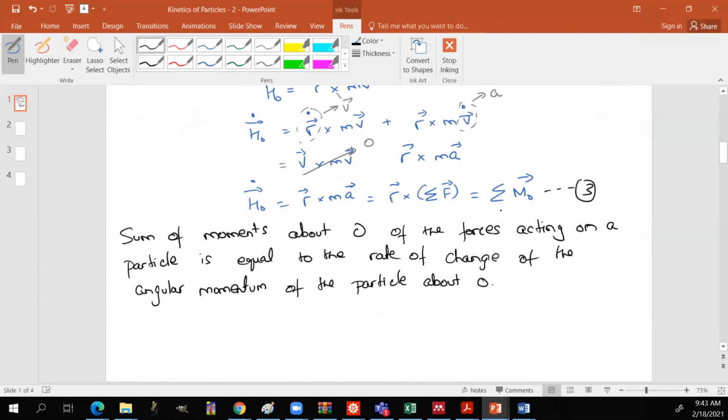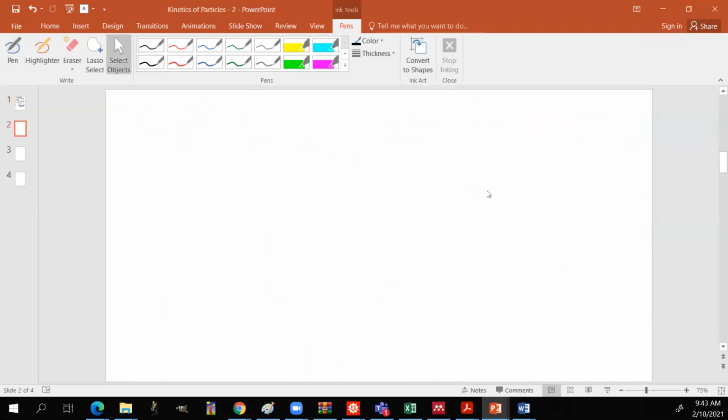So next, we're looking at conservation of angular momentum. This conservation only applies when you have what's known as a central force. So let's define those things.